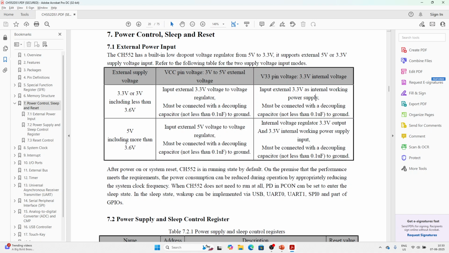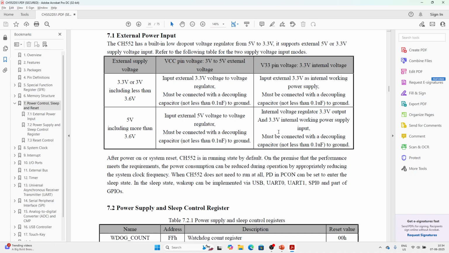So for 5 volts, including more than 3.6, anything more than 3.6 volts, input external 5 volts to the voltage regulator, which must be connected with a decoupling capacitor to ground. Internal voltage regulator 3.3 volts output and 3.3 internal working power supply input must be connected to a decoupling capacitor. So 5 volts should have a separate decoupling and 3.3 volts should have separate decoupling, and the 3.3 volt power pin will have power from the internal LDO. So we need not worry about it.